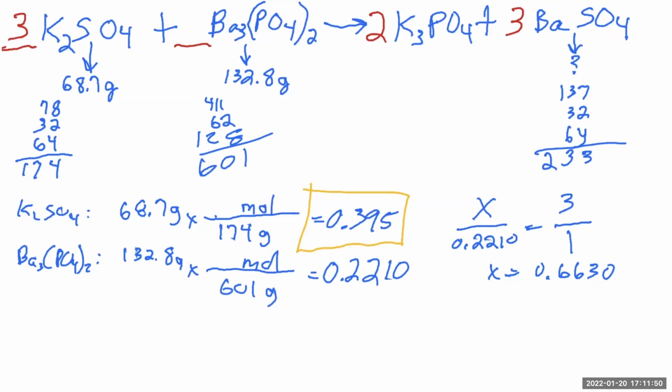So now we know our limiting reagent. Now we just set everything up, and we already have converted into moles. So we've got 0.395 moles of potassium sulfate.